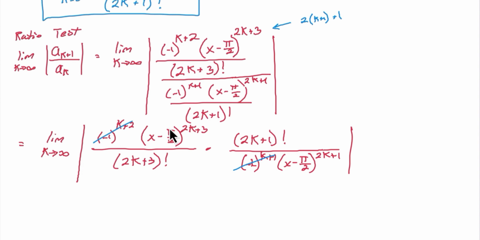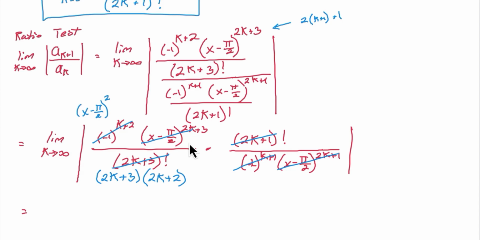Looking at the factorials, 2k plus 1 factorial and 2k plus 3 factorial, the 2k plus 1 is going to go away, and then the 2k plus 3 factorial will be left with 2k plus 3 times 2k plus 2. And looking at the x minus pi halves factor, we can reduce that and we'll be left with, in the numerator, x minus pi halves squared.